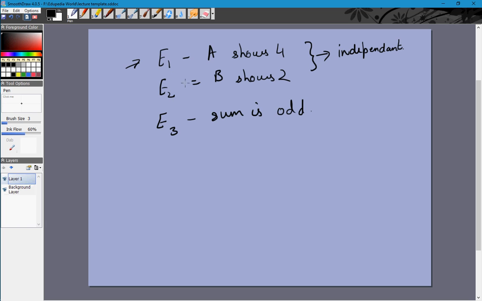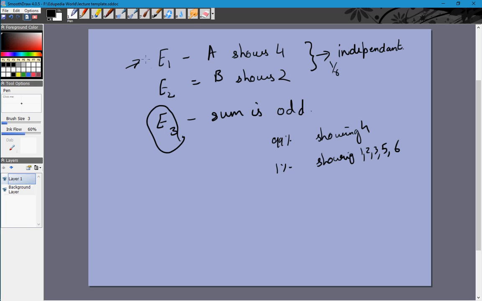That means A had, let's say, a 99% chance of showing 4, and a 1% chance of showing 1, 2, 3, 5 and 6. That means A is predominantly even. So the sum being odd means that B should be predominantly odd. So obviously E3 changes if we change E1 from a fair-sided die, in which the probability would be 1 by 6, to some other die.